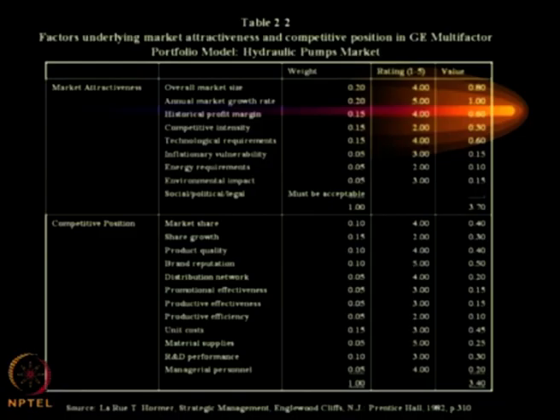It got with respect to market attractiveness 3.70 and with respect to competitive position 3.40.